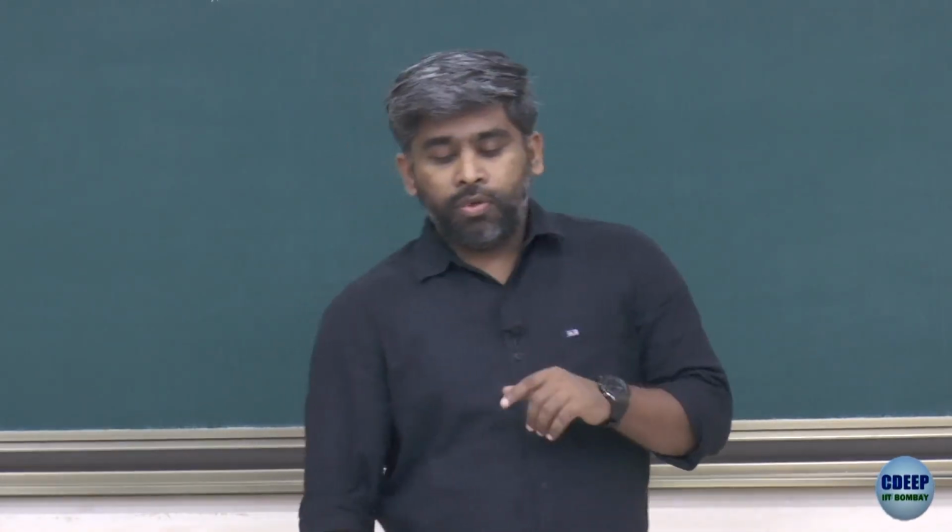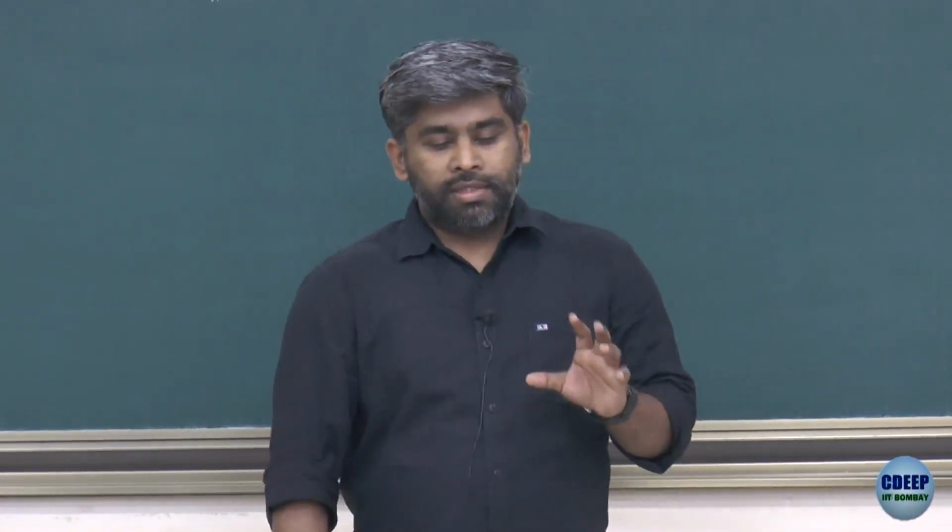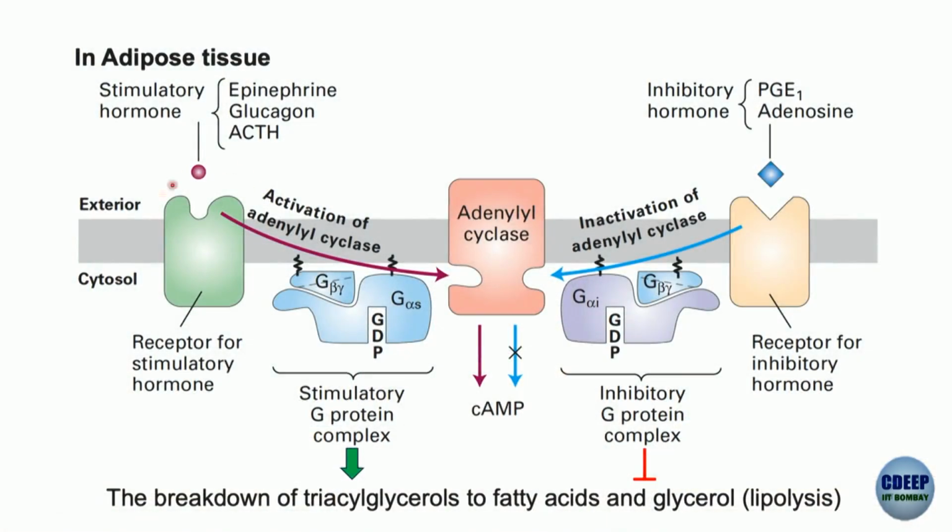However, in adipose tissue, you have a receptor which can be activated by epinephrine, glucagon or ACTH. What is ACTH? Very good. These guys can go and activate the receptor here.